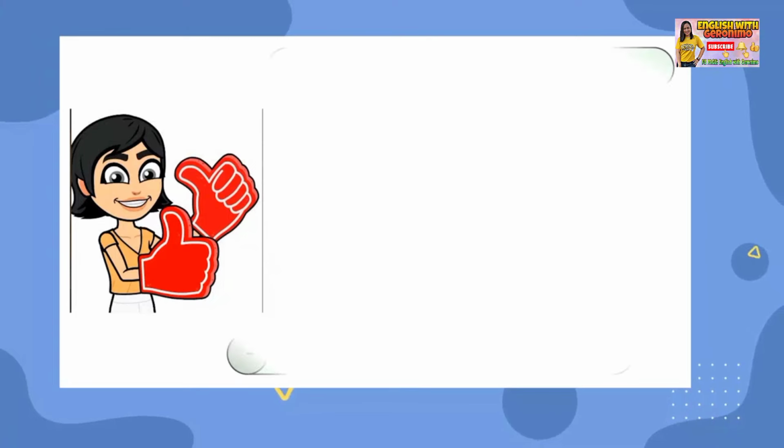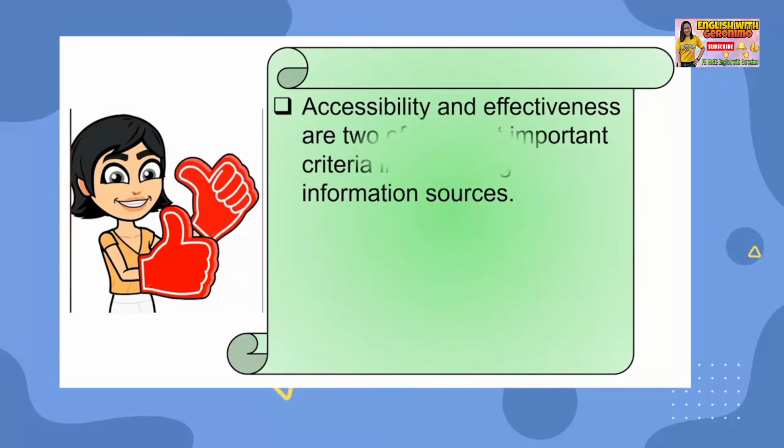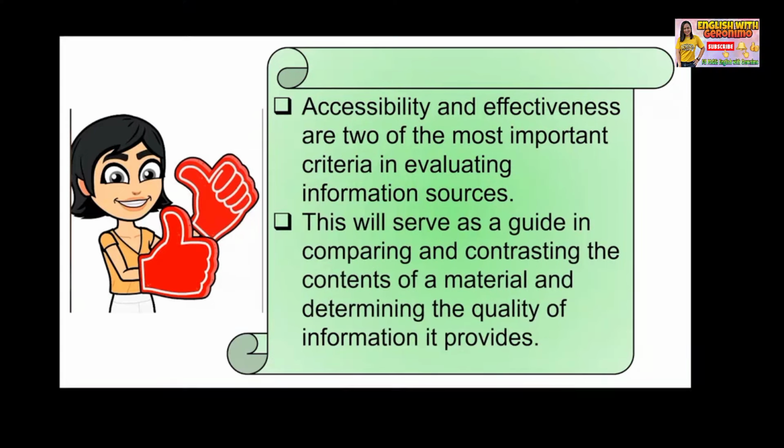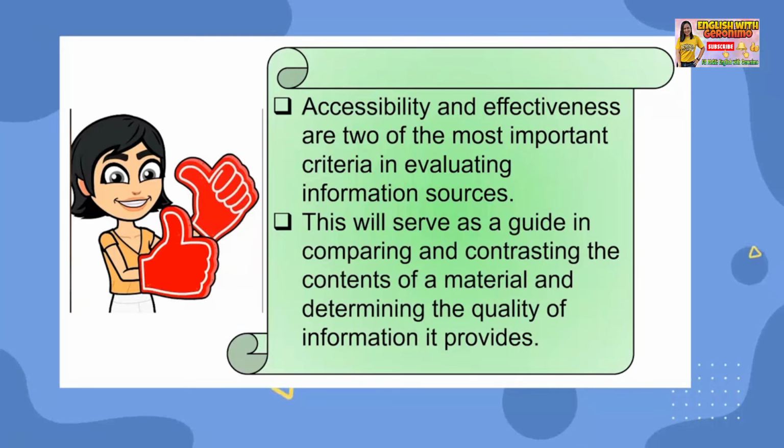Don't forget, accessibility and effectiveness are two of the most important criteria in evaluating information sources. This will serve as a guide in comparing and contrasting the contents of a material and determining the quality of information it provides.